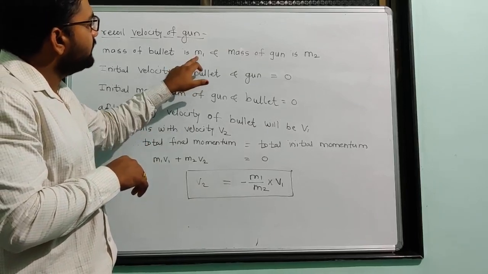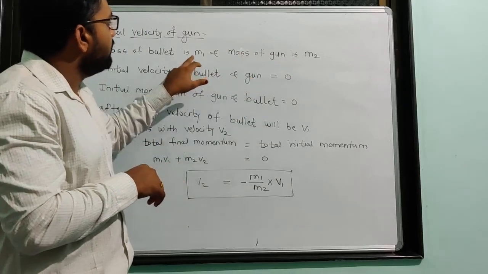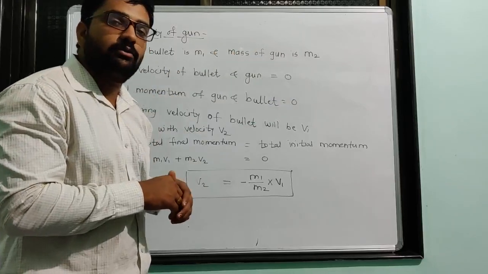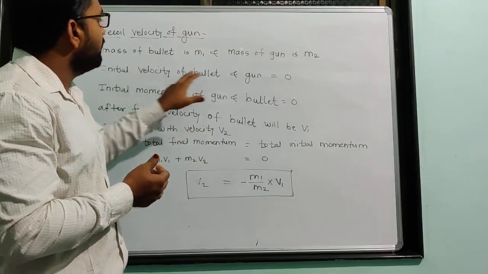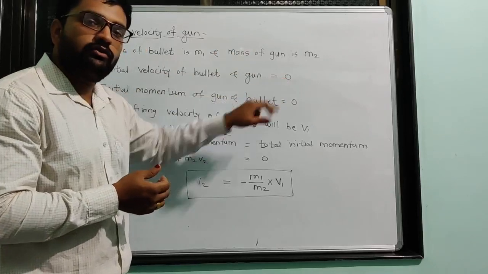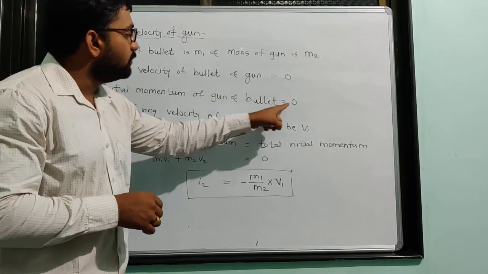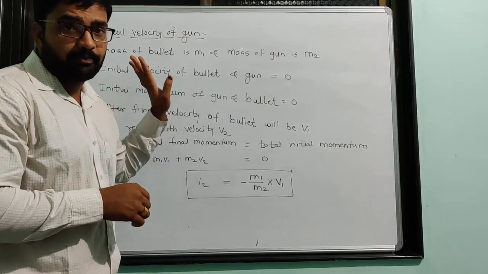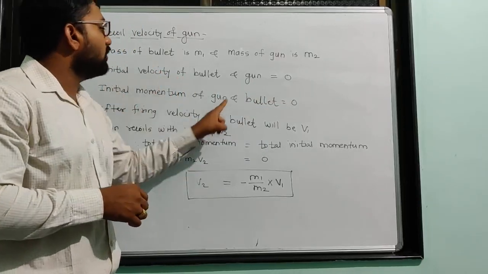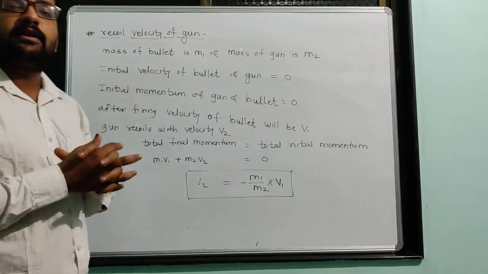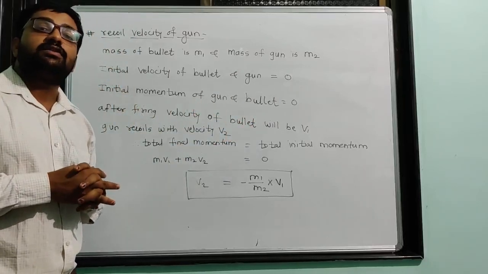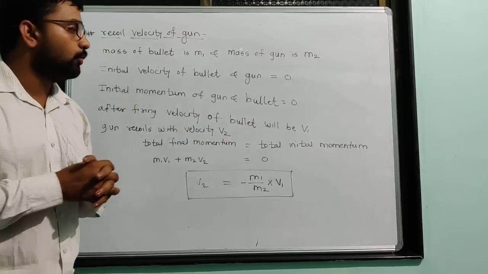The bullet has mass m1, the gun has mass m2, but their initial velocity is how much? 0. So the product of mass and velocity will become 0. That is the initial momentum of gun and bullet, 0, because their initial velocities are 0.